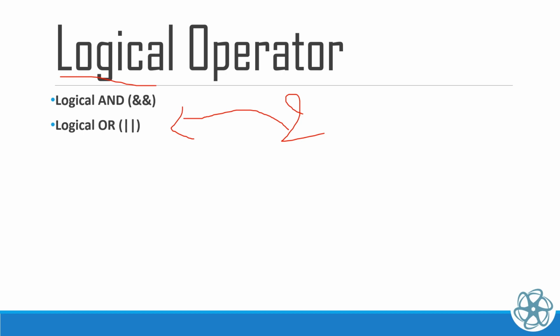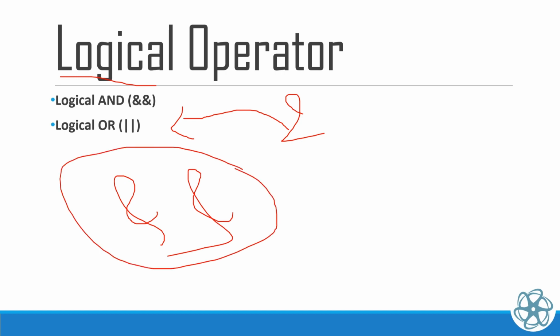according to those conditions. Like if I use the and operator between the two conditions, it will return true or false.